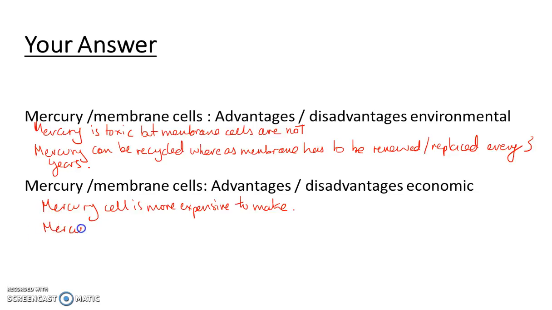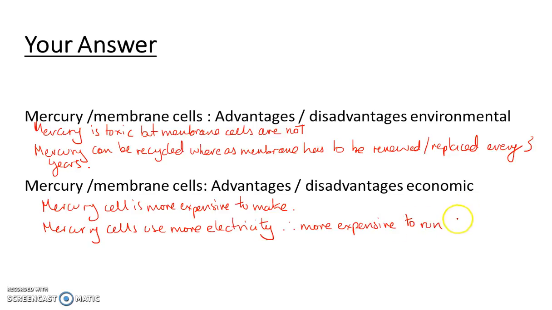So mercury cells use more electricity and therefore more expensive to run. And you could argue, back on the environmental front, using more electricity equals more damaging to the environment.